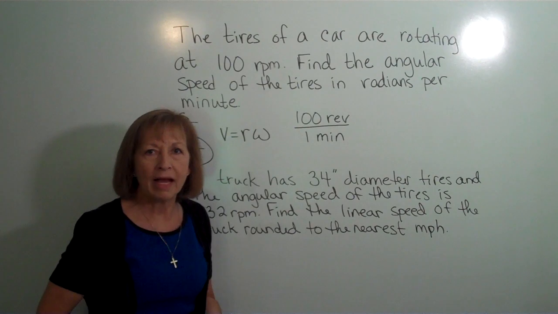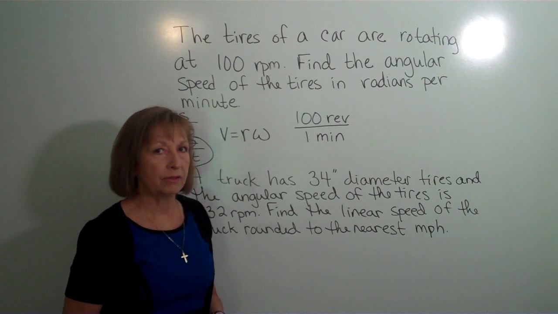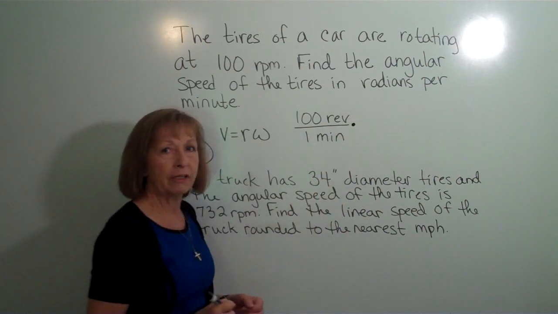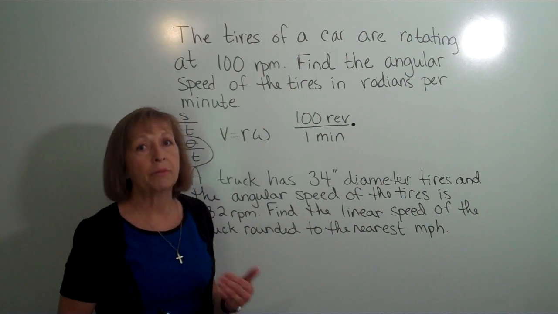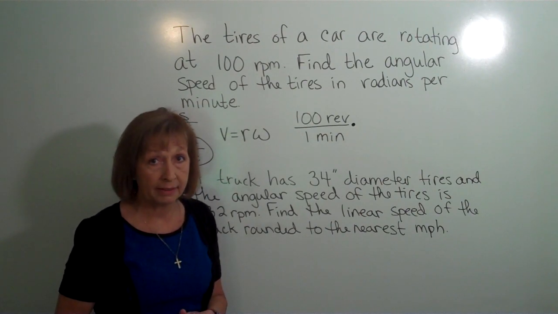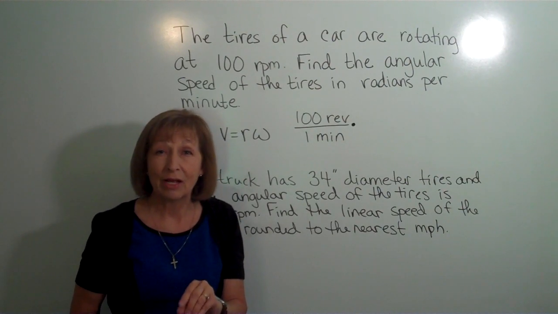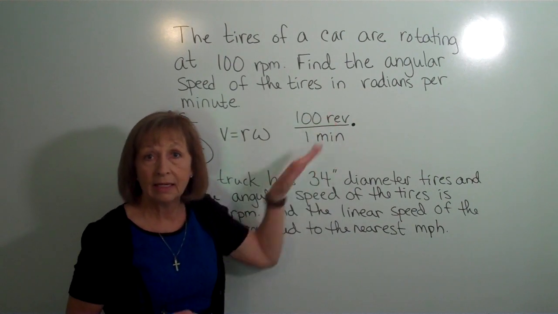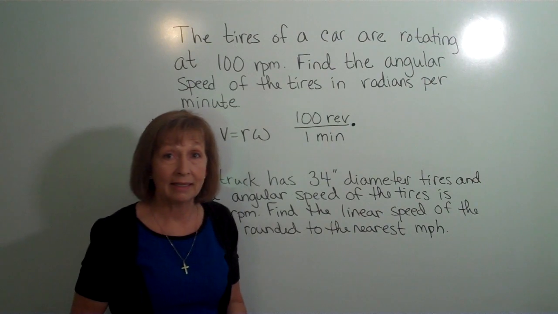So part of this whole process is just being comfortable with interpreting what the units are telling you. Now I want to multiply by a unit conversion factor where I get rid of the units I don't want and bring in the units I do want. The overall value is 1, and when I take something times 1, I'm not changing its value, I'm just changing the way it looks cosmetically.